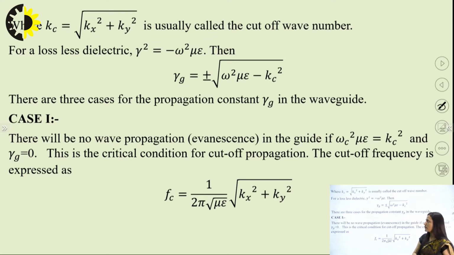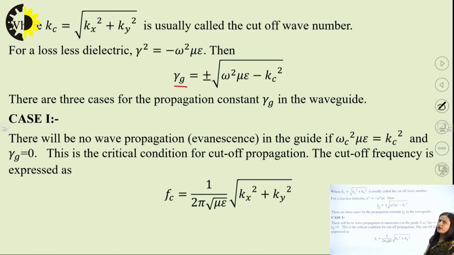For a lossless dielectric, gamma square, the propagation constant, is equal to minus omega square mu epsilon. If gamma square is equal to minus omega square mu epsilon, we can write the guided propagation constant as plus minus square root of kc square minus omega square mu epsilon.